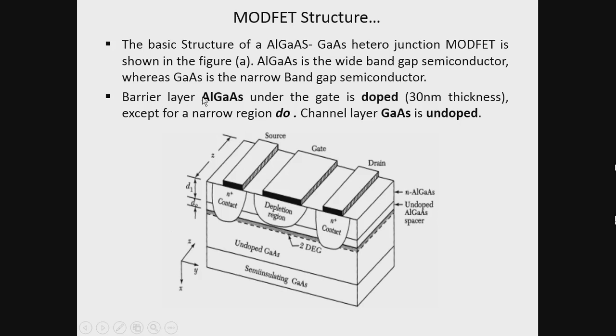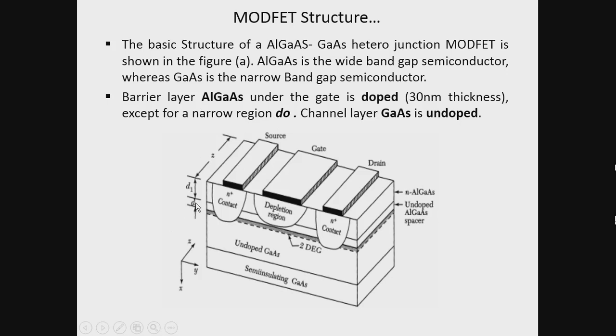The barrier layer aluminum gallium arsenide under the gate is an n-type doped one, which is having a thickness of almost 30 nanometers, except for a narrow region D0.